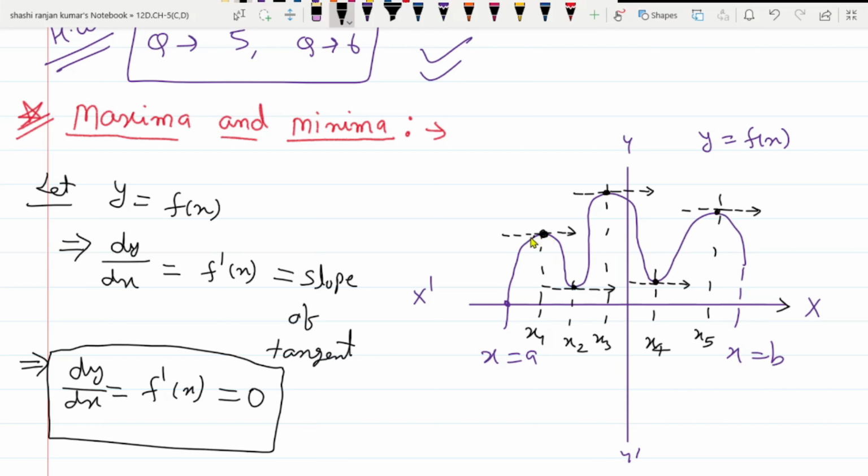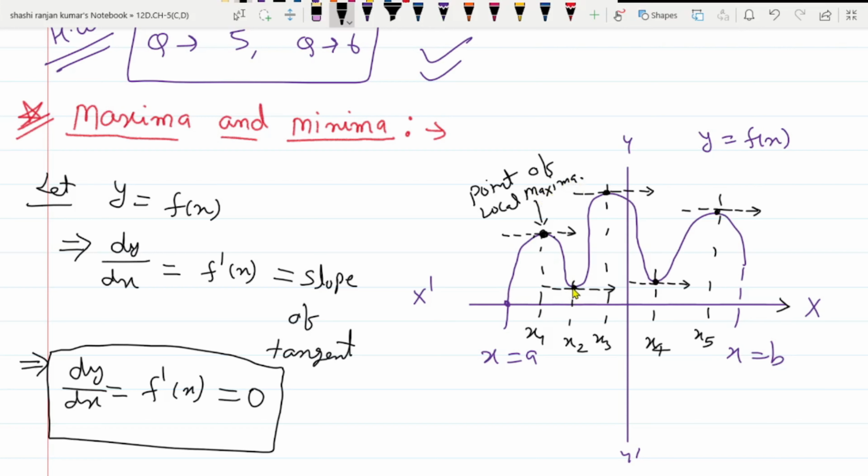This is the point having the highest value in its neighborhood, so we will call this point a point of local maxima, because in its local neighborhood it has the maximum value.